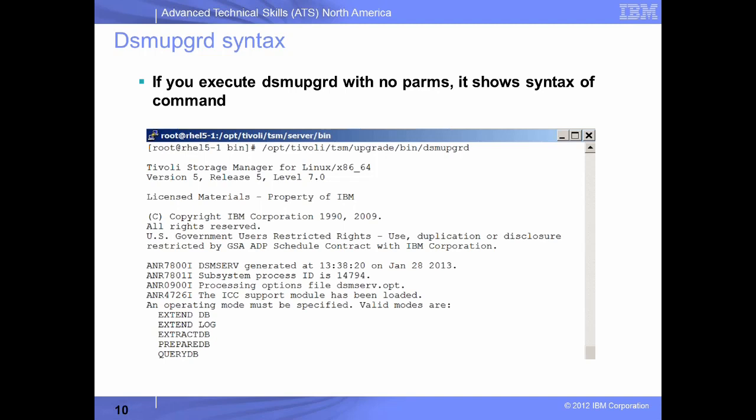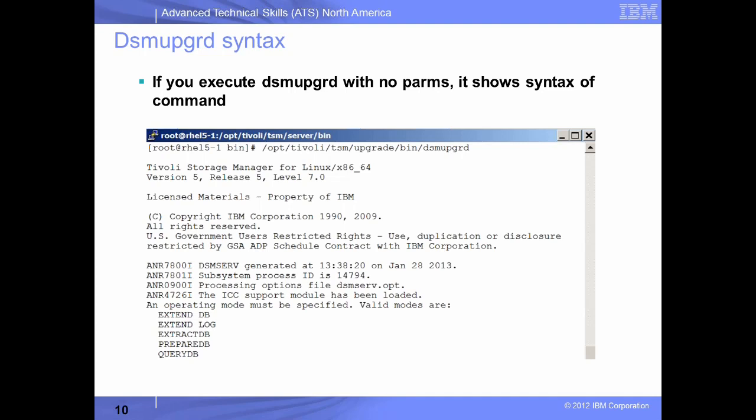So, for example, if your TSM server was down and you wanted to extend the log of your server, or you wanted to know how big your database was on that server, you'd typically have to bring up your TSM server in order to just do the query DB. Well, you can run the DSM upgrade utility.